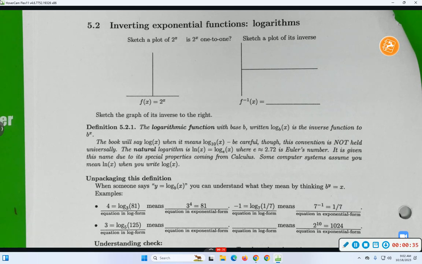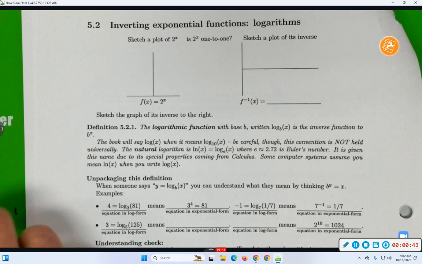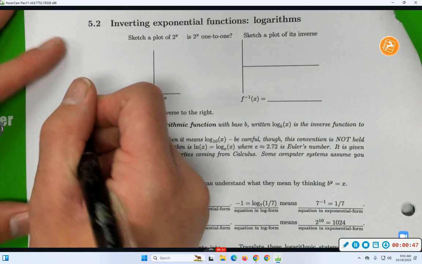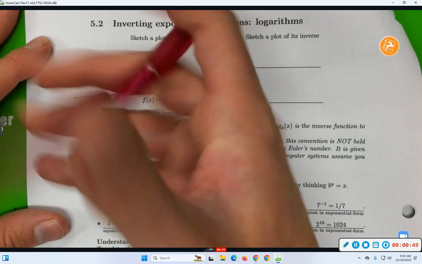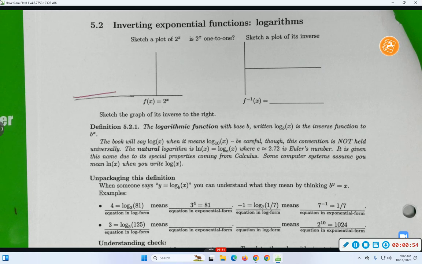So for extremely negative values, it's close to 0. If we were to extend this axis out, the y values of 2 to the x are basically 0. It has a y-intercept.